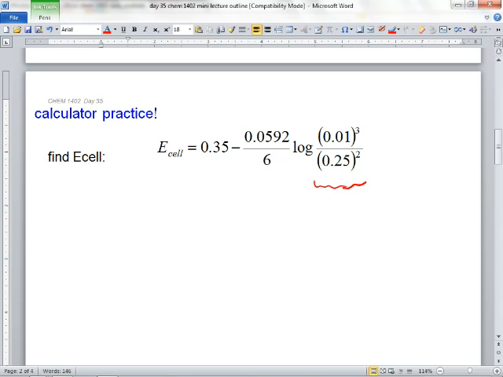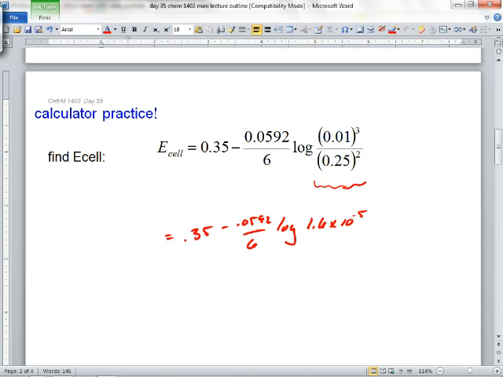So let's do this one step at a time here. I'm going to have 0.35 minus 0.0592 all over 6, times the log of 0.01 cubed divided by 0.25 squared. Right off the bat, this is what you should be at: 1.6 times 10 to the negative 5.